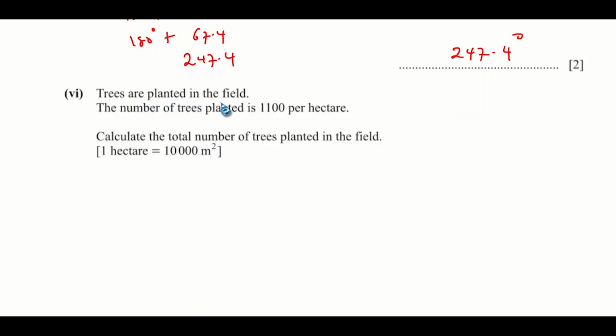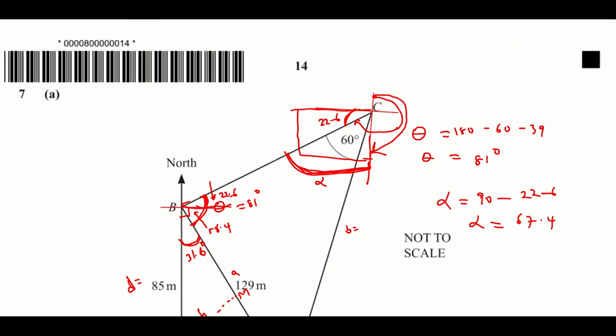Around figure C, trees are planted in the field. The number of trees planted is 1100 per hectare. So calculate the total number of trees planted in the field. 1 hectare is equal to 10,000 square meters, so we need to firstly find the area covered by the field.